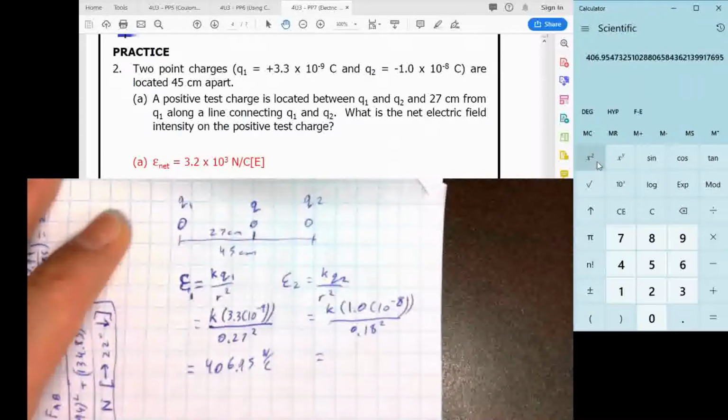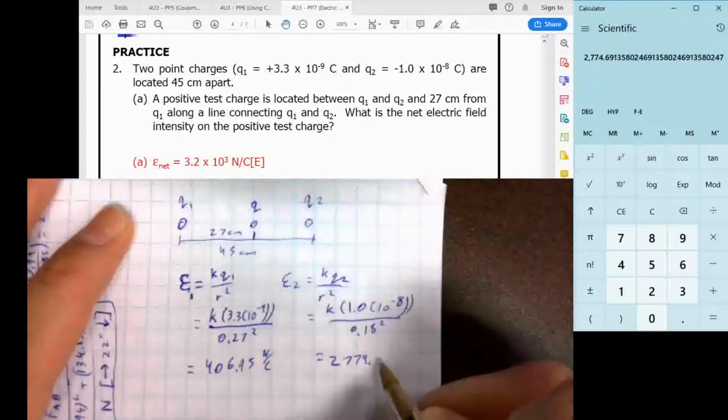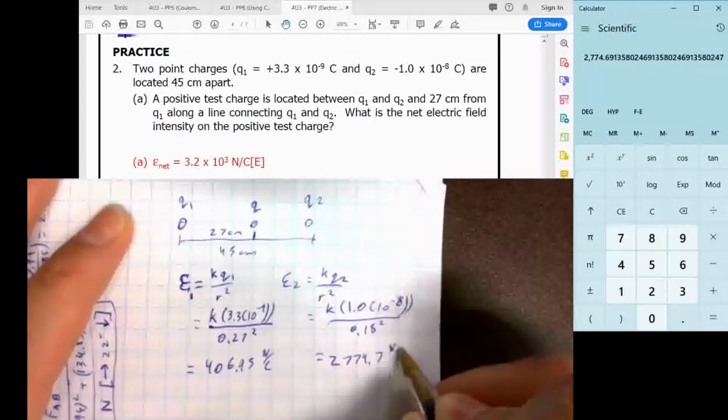Over here we're going to have 8.99 times 10 to the power of 9 times 10 to the power of negative 8 times 1 as well, divided by 0.18 squared. And over on this side we have 2774.7 newtons per coulomb.